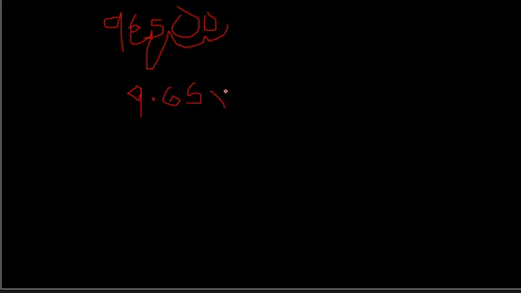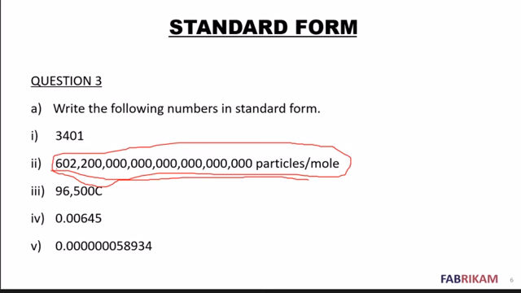Let's look at decimal numbers. This one, 0.00645. So how do you write this number in standard form? You move this decimal point to between the first two significant figures. How many times is the decimal place going to move? 1, 2, 3.